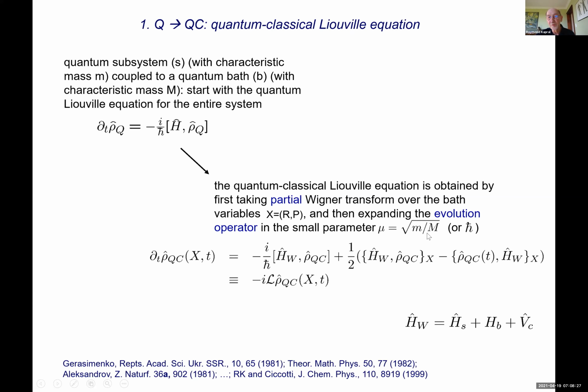So instead of the usual h-bar expansion, you can actually, by scaling that's similar to Brownian motion, cast this into a form involving a small parameter that's the square root of the mass ratio, and the expansion in the small parameter then leads to the usual quantum classical Liouville equation. And the Hamiltonian that appears here is the partially Wigner transformed Hamiltonian that involves the subsystem Hamiltonian, the bath, and the coupling term.